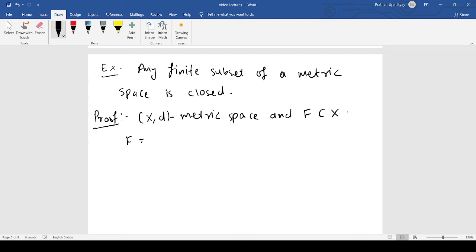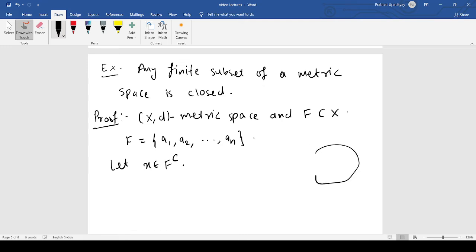So say F is equal to {a1, a2, ..., an}. So it's a finite set. I want to prove it is a closed set. That means I want to prove its complement is open. So let x belong to F complement. Let's try to visualize it.